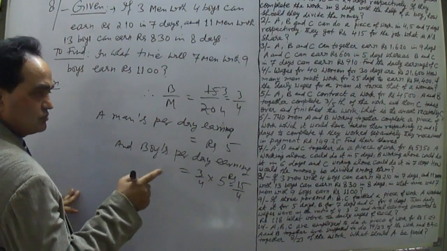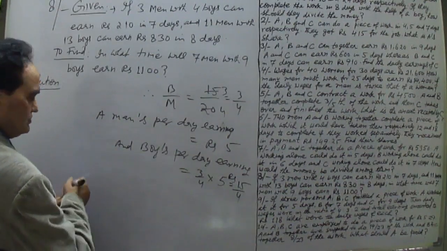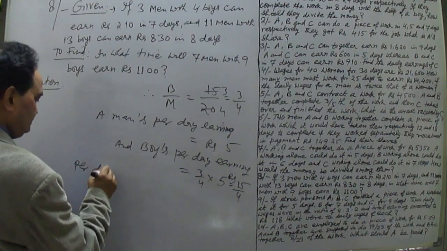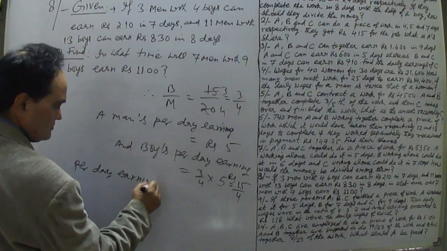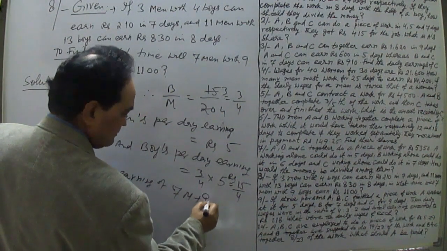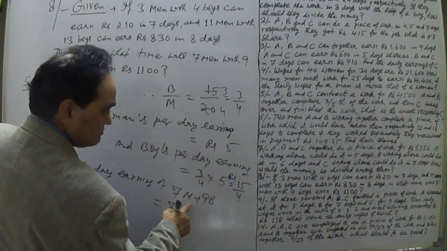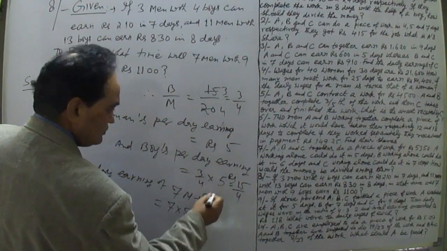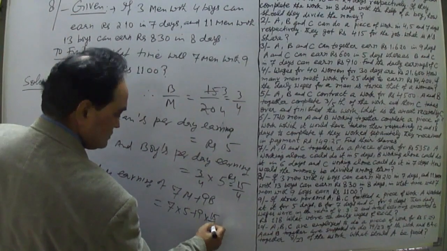Then 1100 rupees will be earned in how many days? That can be obtained by dividing. So per day earning of 7 men plus 9 boys equal to 7 into man's earning, rupees 5 per day, plus 9 into boy's earning per day, 15 upon 4.